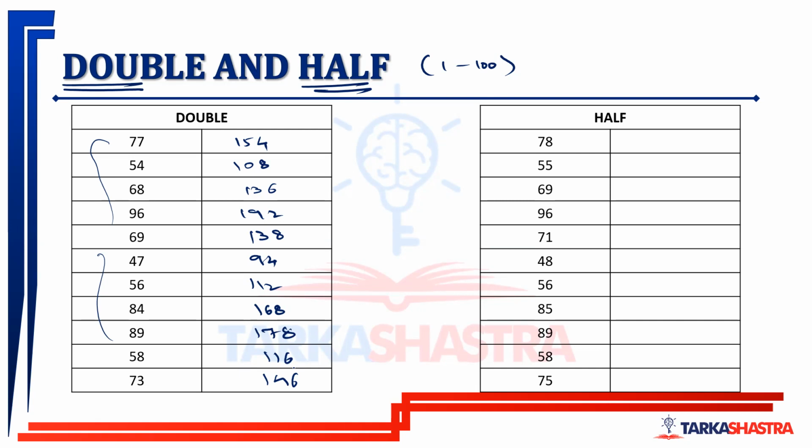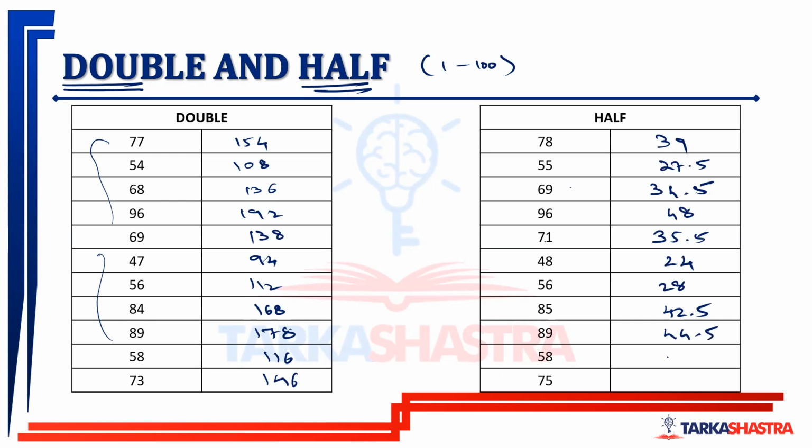Half, 78 का half will be 39, 55 का half will be how much? 54 का 27, so 55 का 27.5. 69 का half, तो 68 का 34, तो 69 का 34.5. 96 half is 48. 71's half, 70's half is 35 and 1's half is 0.5, so 35.5. 48's 24, 56 is 28. 85, 84's half is 42, 1's half is 0.5, so 42.5. 89, so 88's half is 44 and 1's half is 0.5, so 44.5.